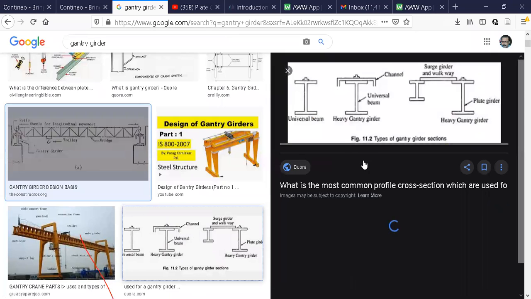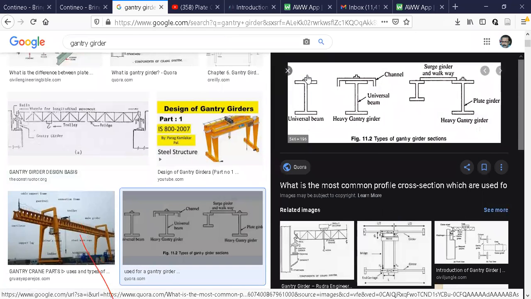See here, universal beam. One can have this type of profile for a gantry girder. The standard is this, very popular. Heavy gantry girder is universal beam and channel. See this. And a rail is there at the top. It means the standard profile is this.